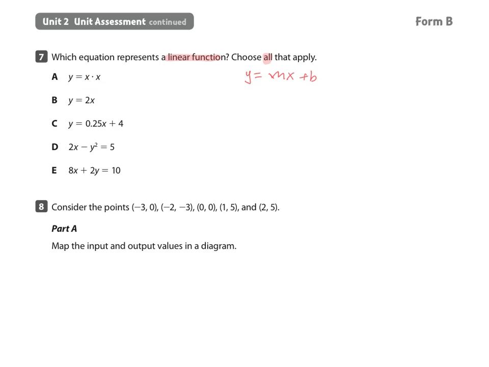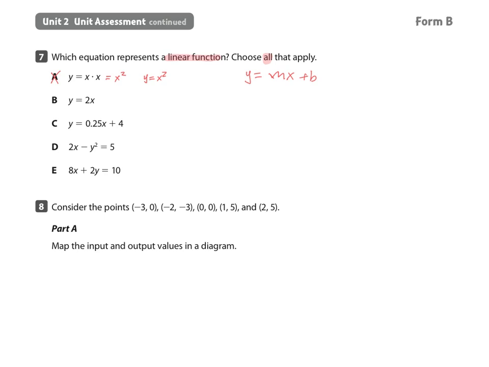Another way to write x times x is x to the second power. Now, y equals x to the second power is not a linear function because it has that exponent. If it has an exponent, it's not a linear function. So we're going to cross this one out.